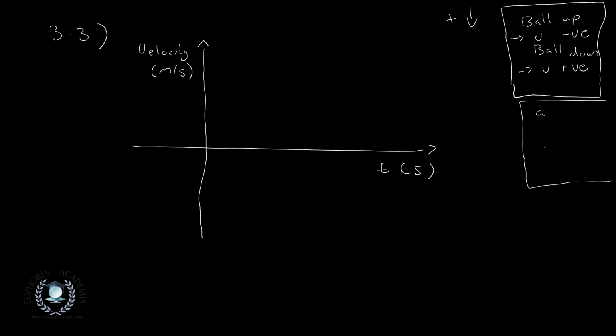Our acceleration ay, which is 9.8, is positive throughout. And our acceleration is actually the gradient of our graph because it's constant and that's the only force acting in free fall. So just those things out of the way.